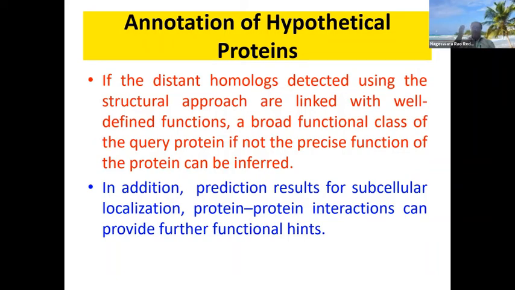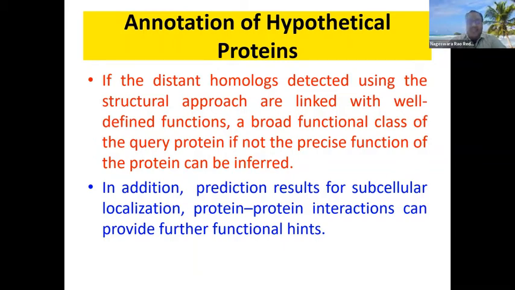Based on the subcellular localization, you can also predict the function of a protein. And even if this fails, then another one is we look at protein-protein interaction for further functional hints.